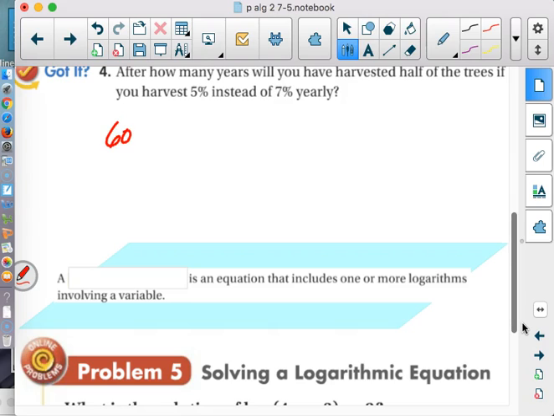So it's 600,000 equals 1,200,000, but it's not 0.07 anymore. What is it? Instead of 0.07, we're going to use 0.05. So what's $1 minus 5 cents? 95 cents.